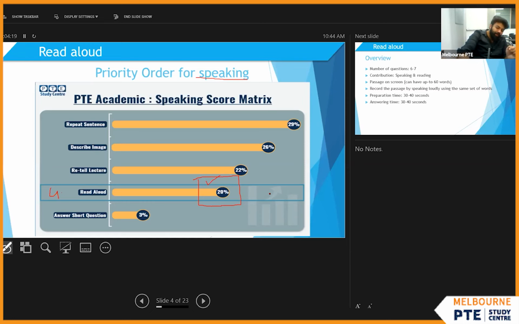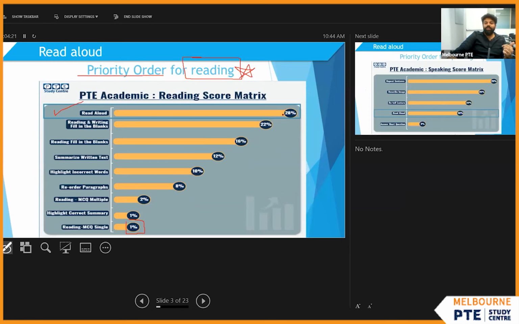And same in the previous slide when it was saying 28%, that means basically 28% of 90 marks. Okay, because in PTE your overall score is 90 and then you have a total 90 marks for each communication skill, like 90 for reading, 90 for writing, 90 for listening, and 90 for speaking.